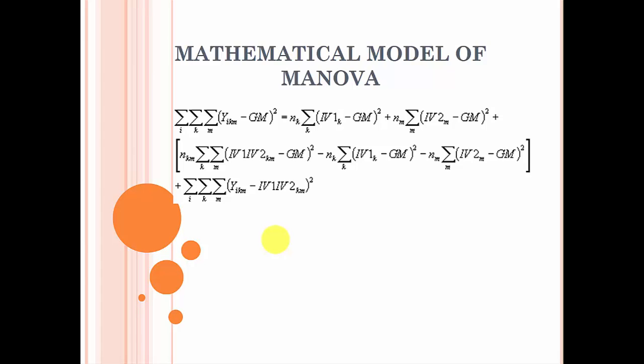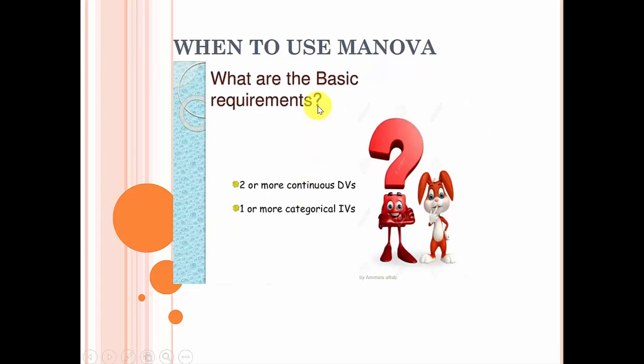So to slide 10, we want to look at when to use MANOVA. The basic requirement for using MANOVA is what we have in slide 10: when we have 2 or more continuous dependent variables and 1 or more categorical independent variables.